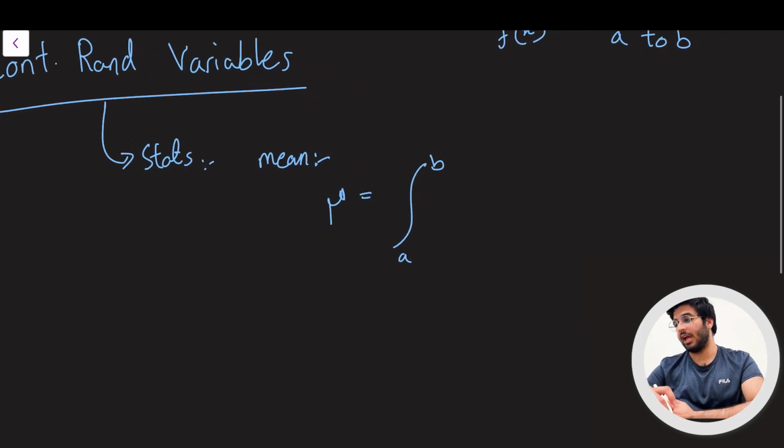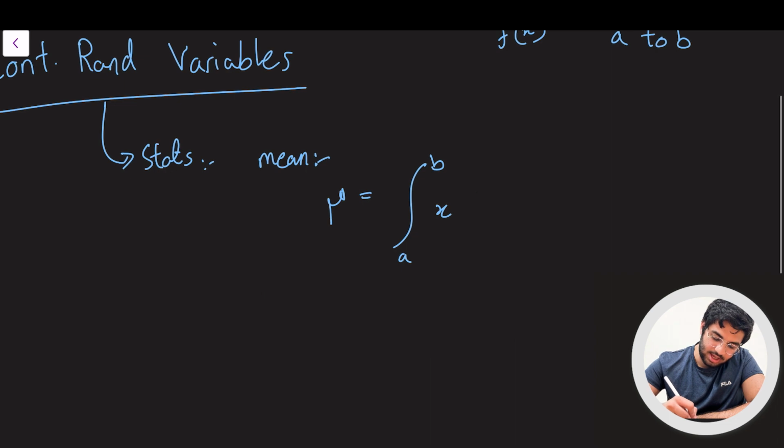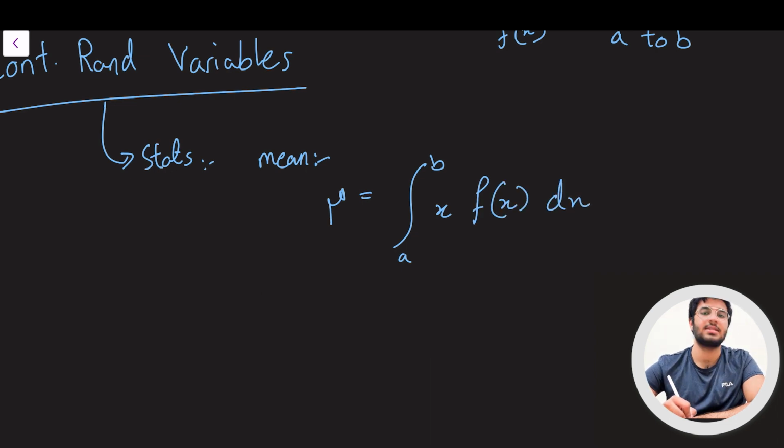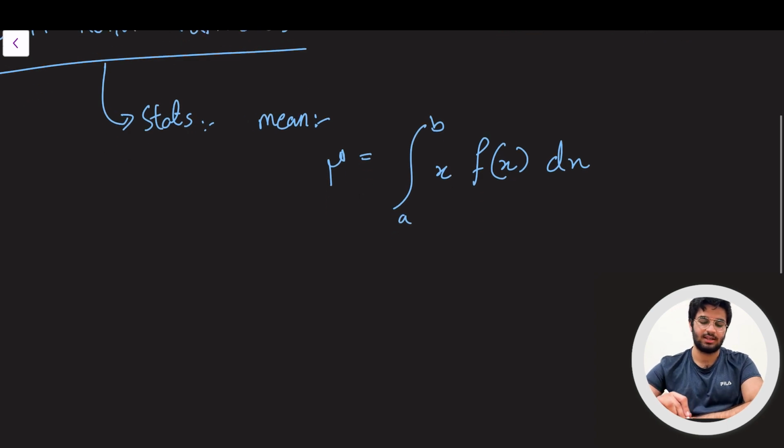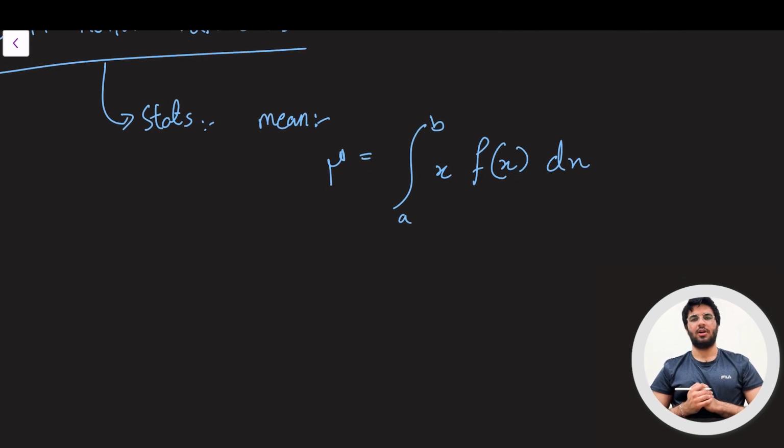So a to b, x times f of x dx. Not f of x dx, x times f of x dx. That is how to calculate your mean. Simple formula. Do it by hand or put it into the calculator.